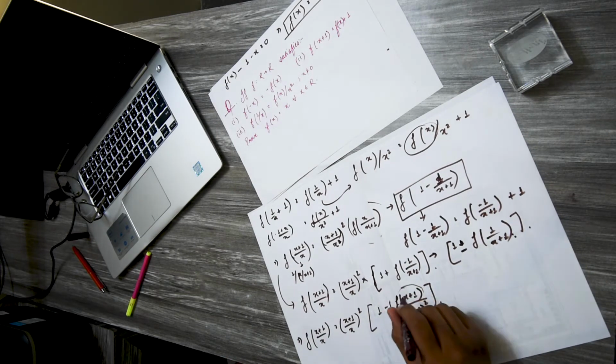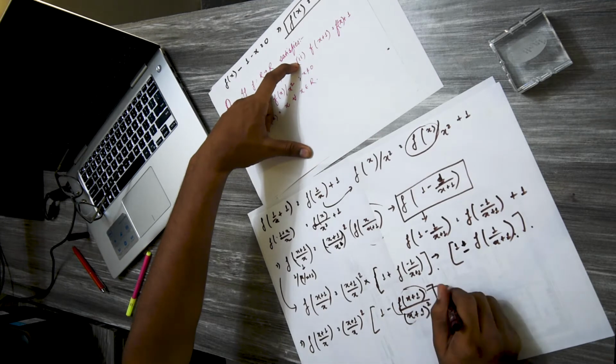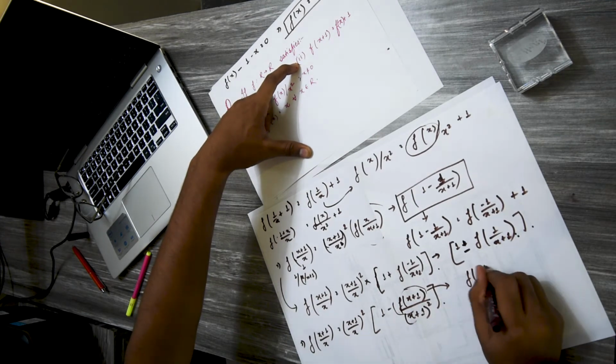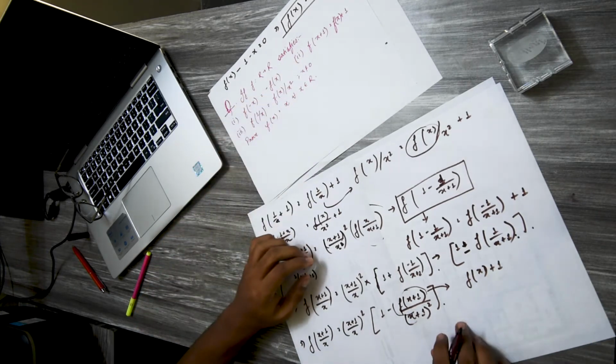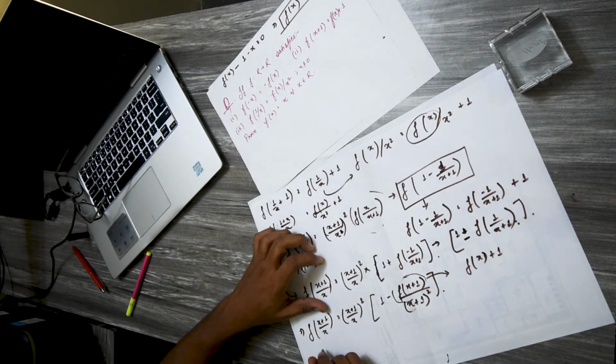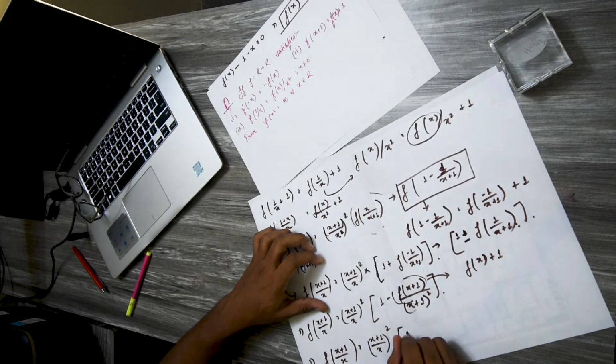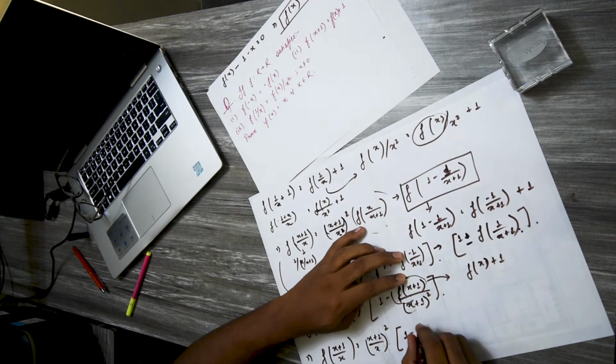Now we know the second equation would fit right in, and it would make it f of x plus 1. Hence we can finally write down this equation as f of (x plus 1)/x is equal to ((x plus 1)/x) whole square, square brackets, 1 minus f of (x plus 1) by (x plus 1) whole square.